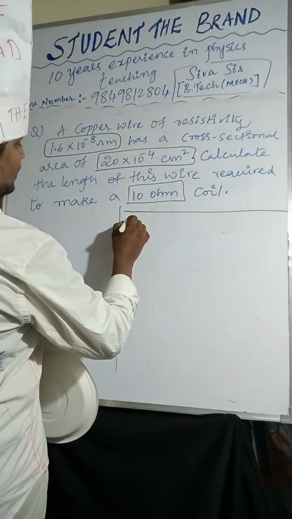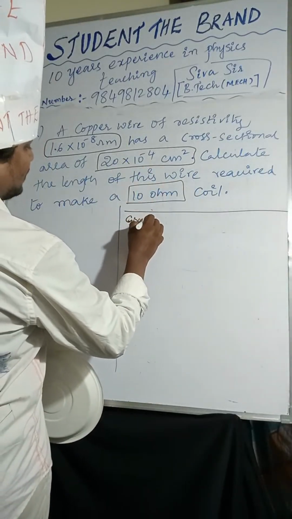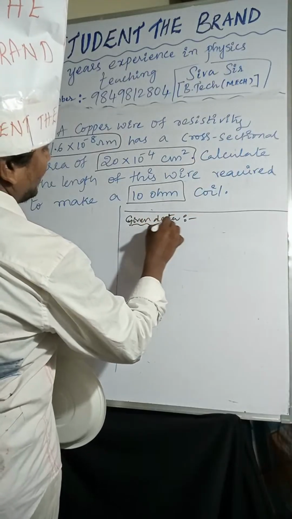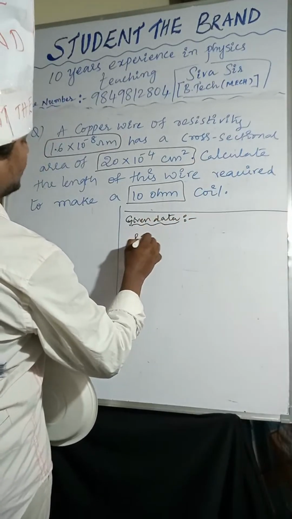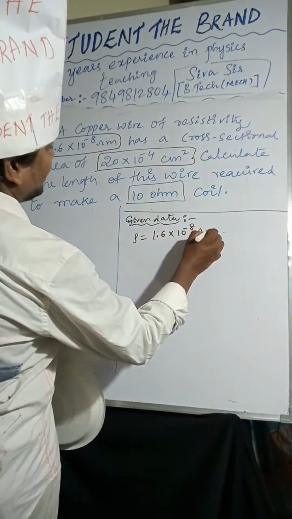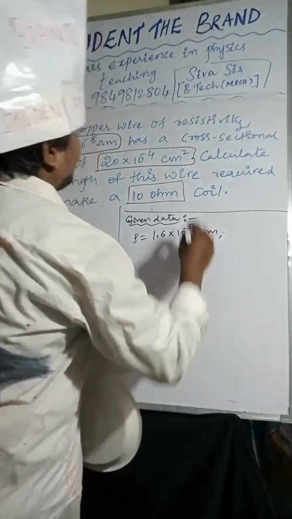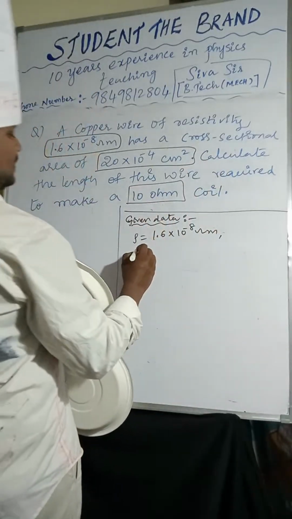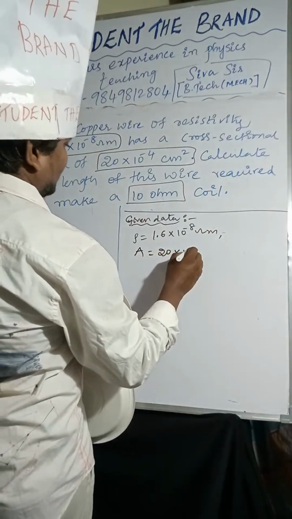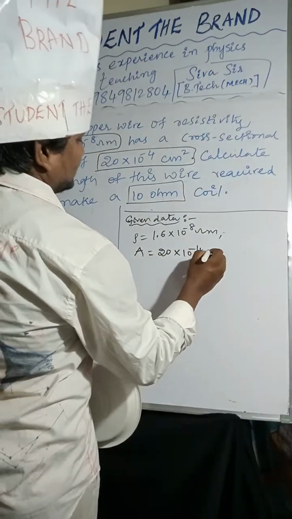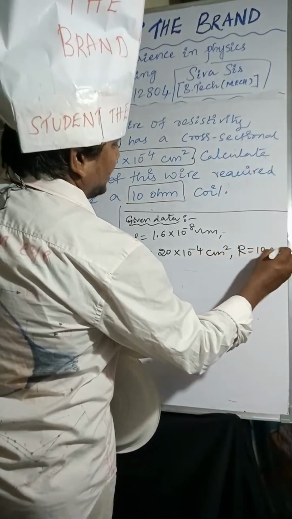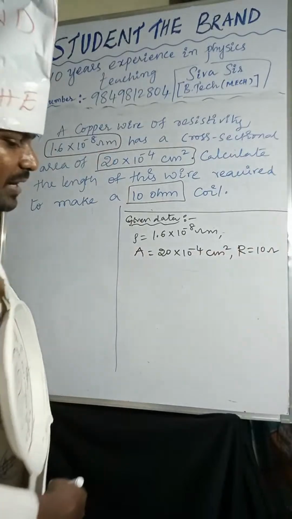Rho equals 1.6 into 10 power minus 8 ohm meter, and the area of cross section A equals 20 into 10 power minus 4 centimeter square, and R equals 10 ohm given. So here you can observe this.